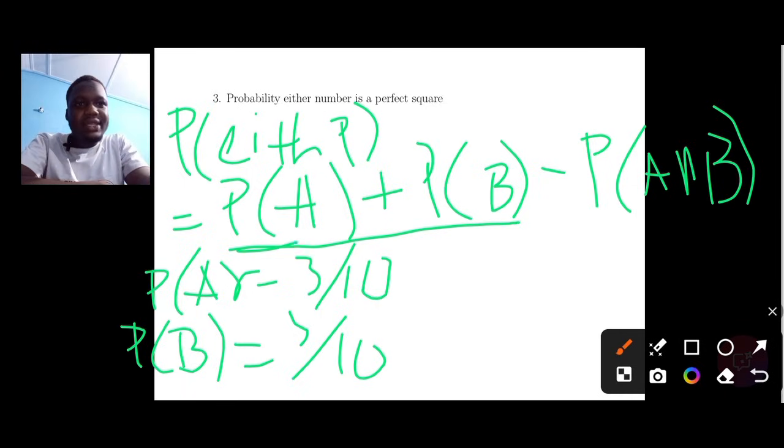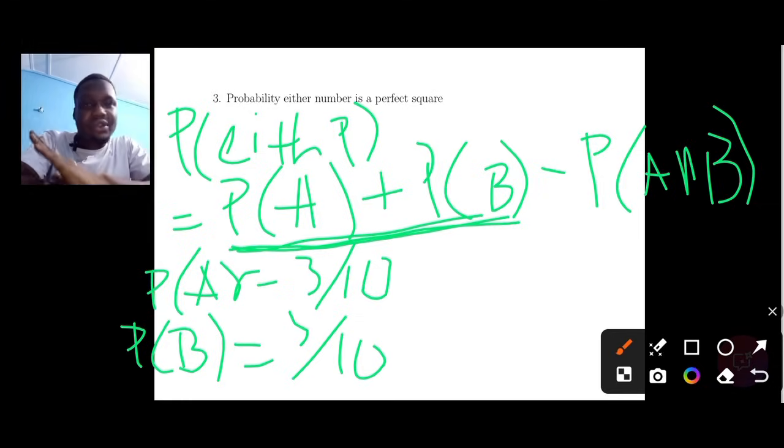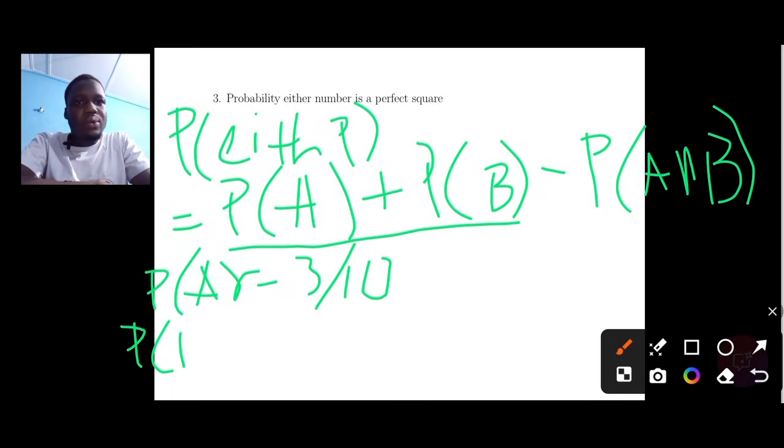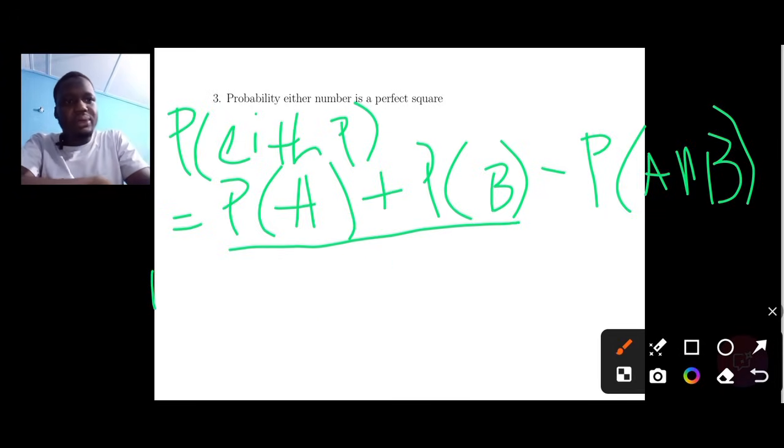When you are summing this part for these two terms, we assume each of them are done afresh. So this shouldn't be 2 over 9. It should only be 2 over 9 when it ends up that you are multiplying. Okay, take this from me. So we have PA to be 3 over 10.